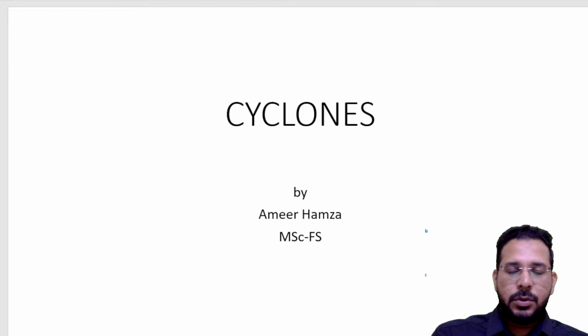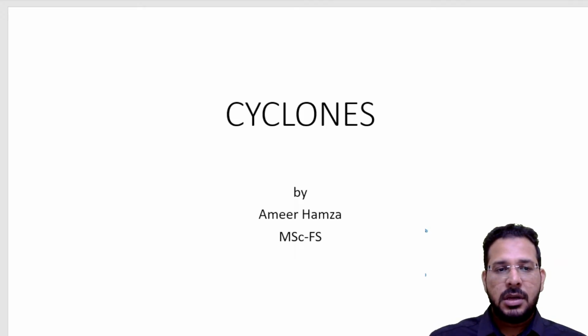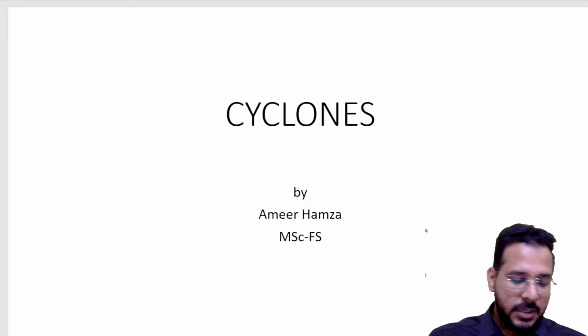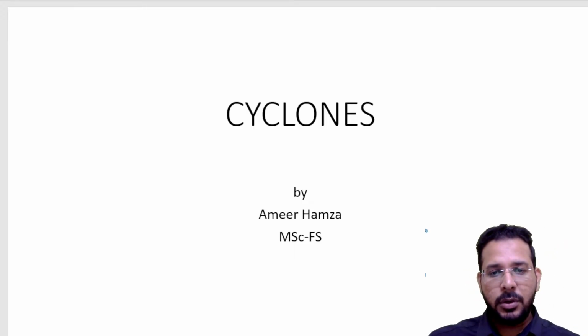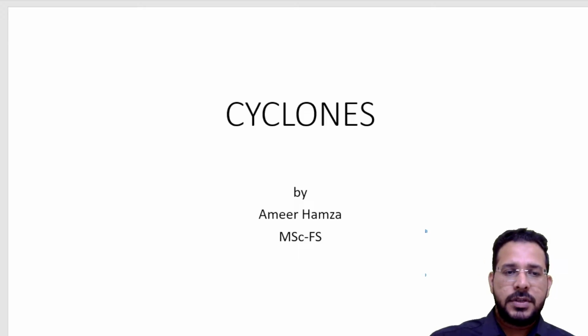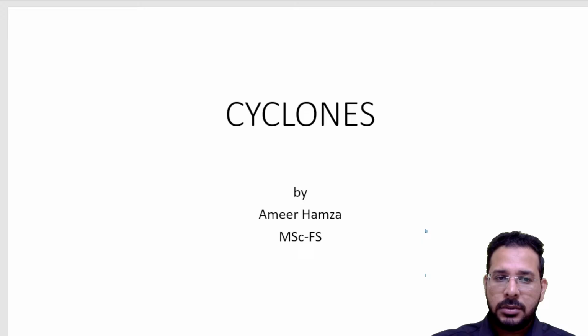So in today's video, we are going to learn about cyclones and how cyclones are present in India, in Bay of Bengal, in Arabian Sea, how cyclones occur. So first let us understand what is a cyclone. Then understand how many types of cyclones are present, naming of cyclones.